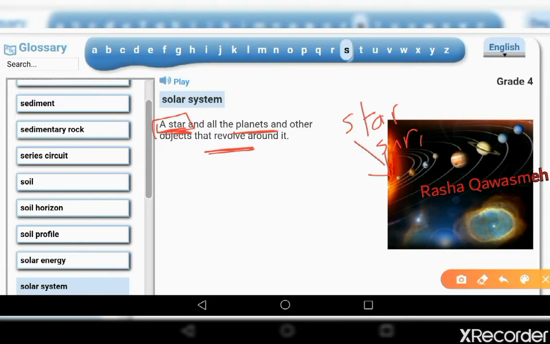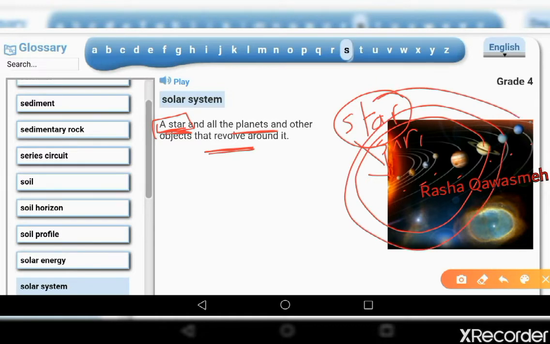Other solar systems might have more than one star, could be 2 or 3 stars. And these objects are the planets that revolve around the star. So this is called the solar system.